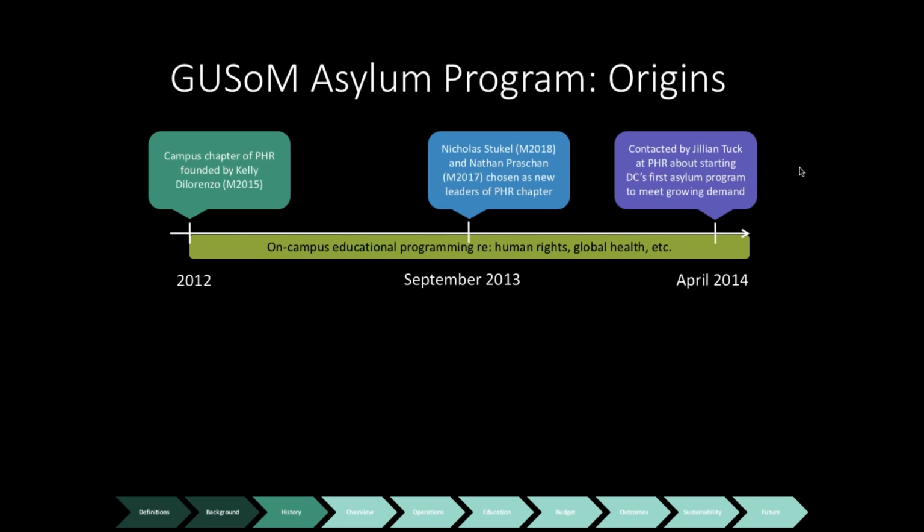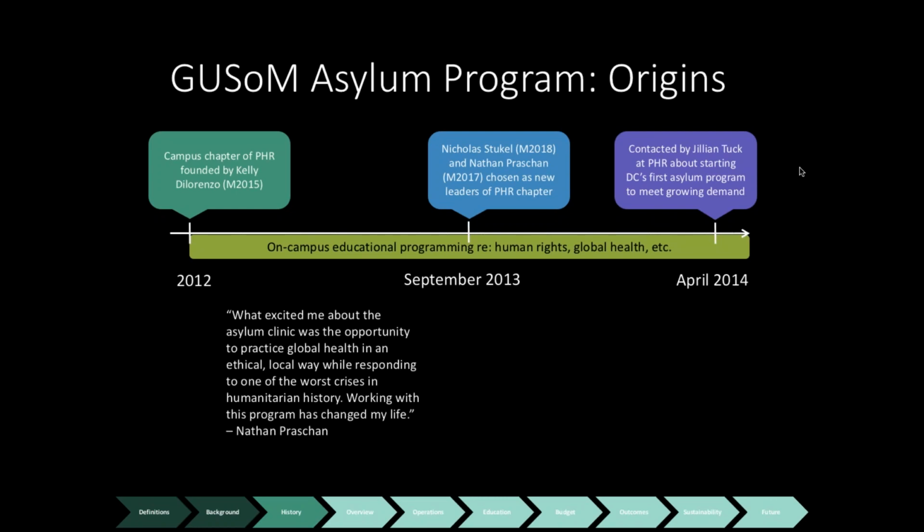And then later that academic year in 2014, Jillian Tuck at PHR requested that we start DC's first asylum program to meet the growing need in DC. This was the first one, and many of the claims that they were receiving were in fact psychological. So this was a particular focus of the program that they wanted to help us build.